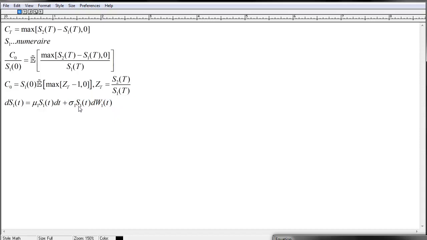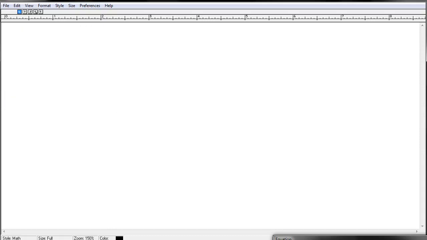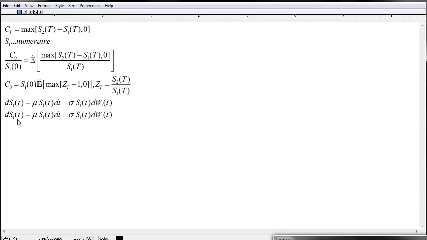And similarly I introduce the motion of the second stock just like this, and one important point I have to pose here.